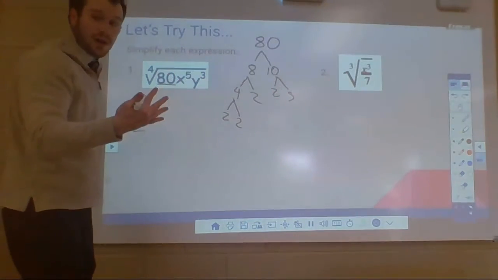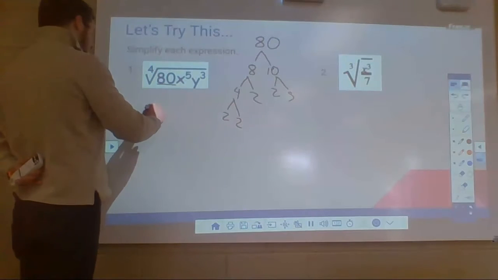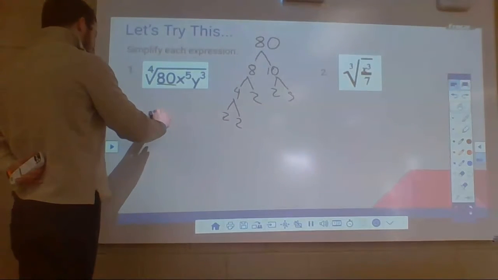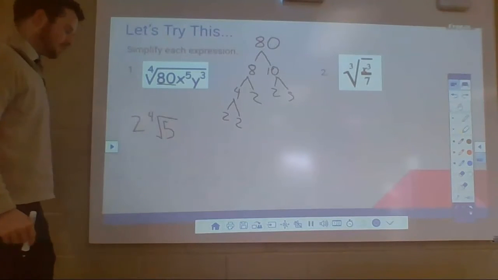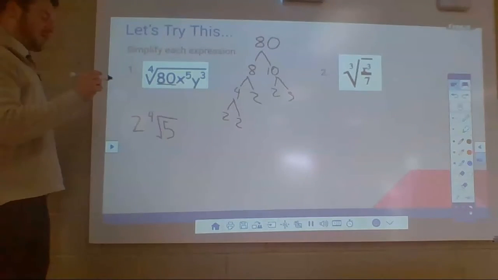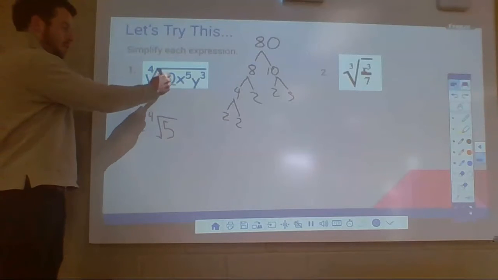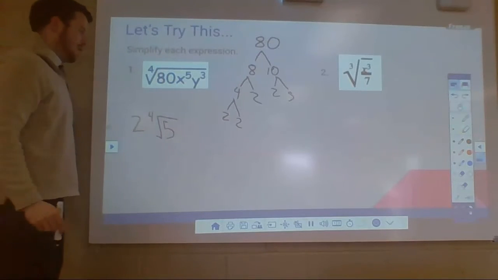There were not 4 5s, right? So I'm going to write this 2 times the fourth root of 5. Okay, so that's how we break down the fourth root of 80.